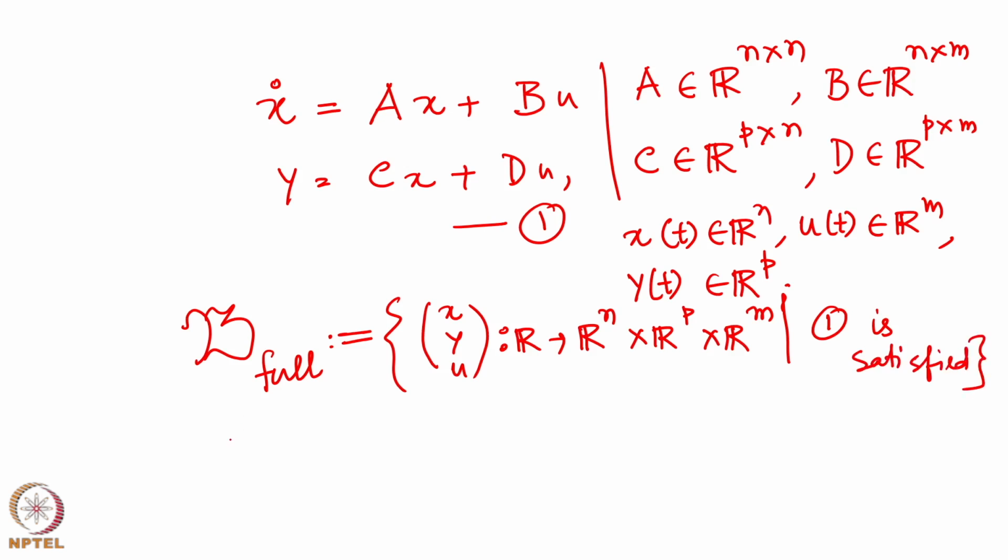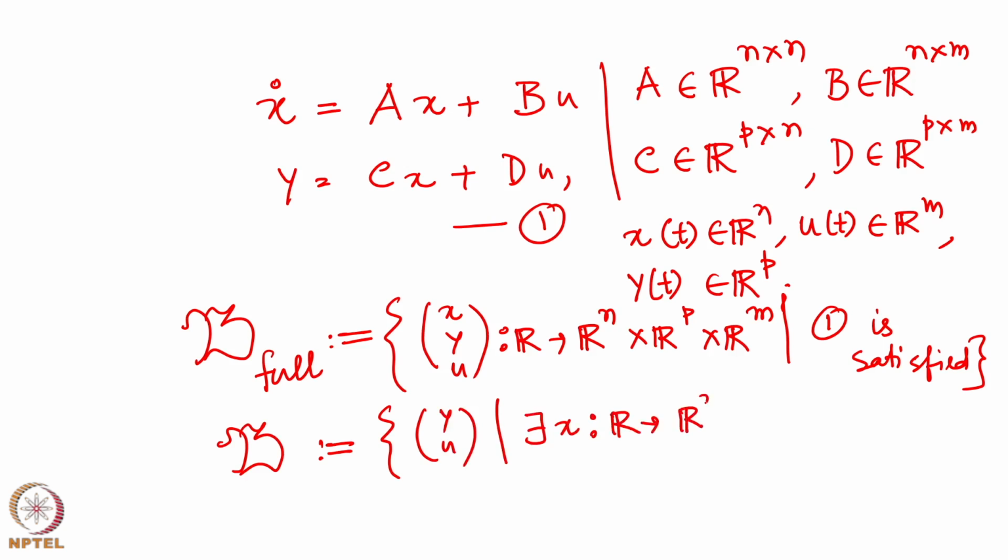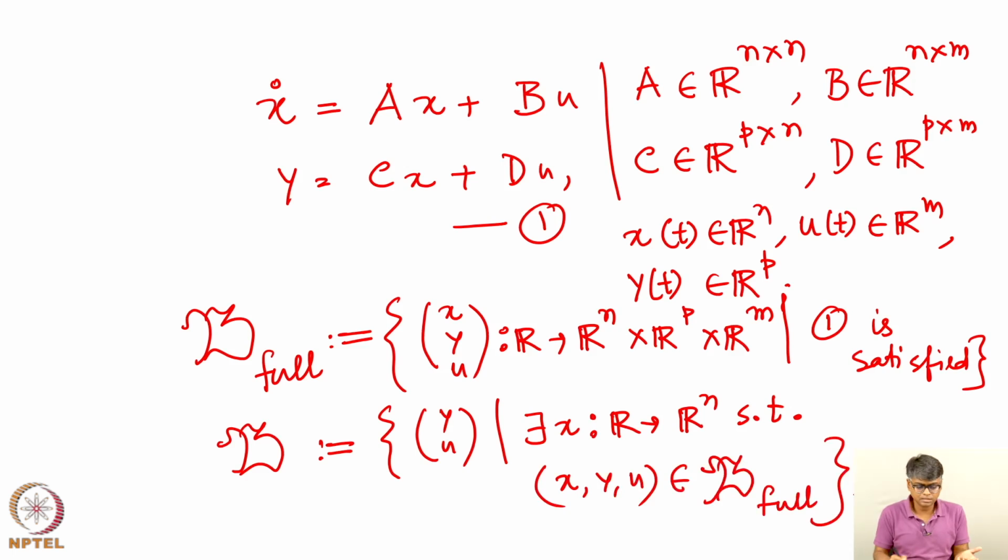This is the full behavior, and the behavior in this case will turn out to be the collection of all y and u such that there exists x, which is a function from R to R^n, such that (x, y, u) is a part of the full behavior. You see, a latent variable description for this system. Those of you who have done a little bit of control theory will all be familiar with such a description, but this is new, that this can be viewed in behavioral theory terms, how the state space equations give rise to a behavior.